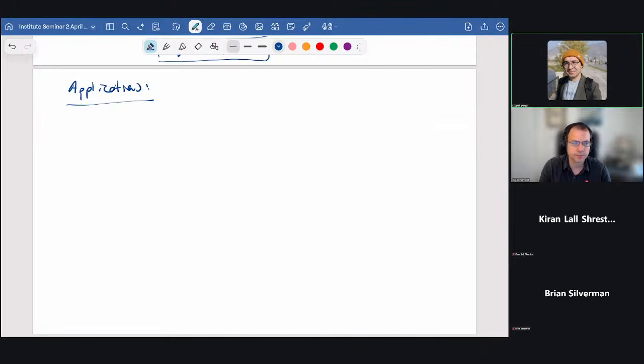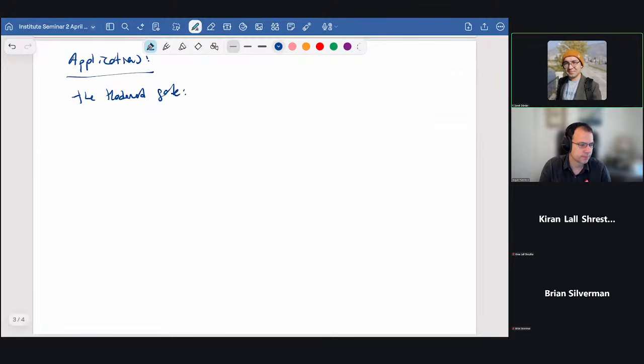The Hadamard gate. This is a 2x2 matrix, which is of this form: 1, 1, 1, minus 1. And the multiway system that encodes this gate is this.